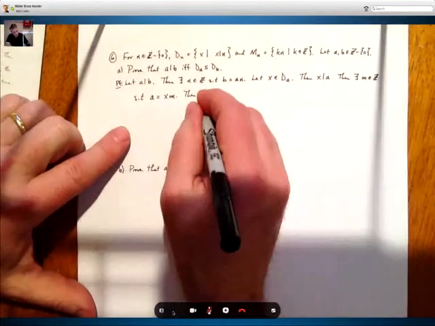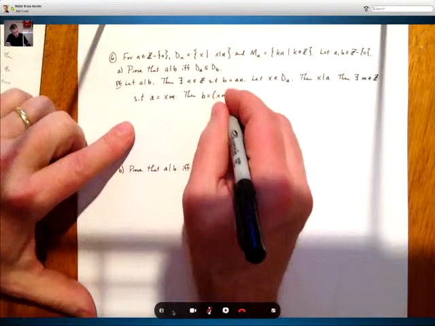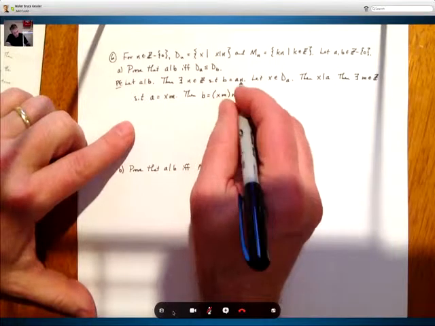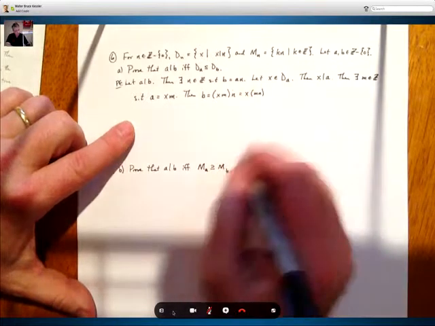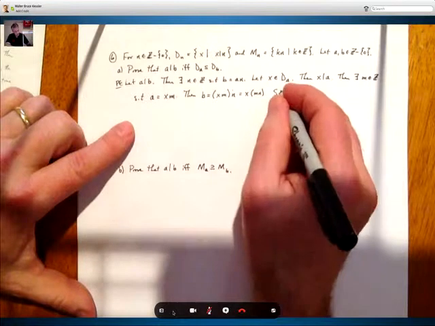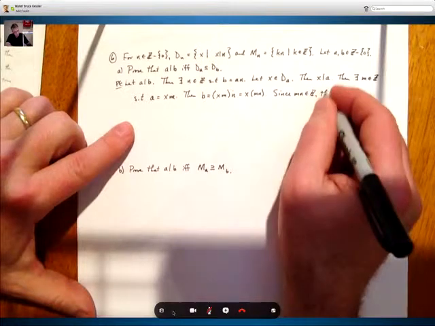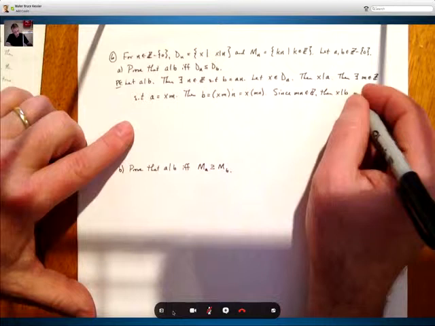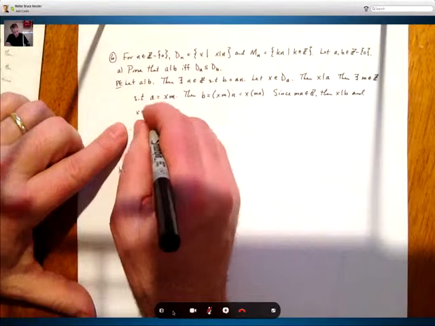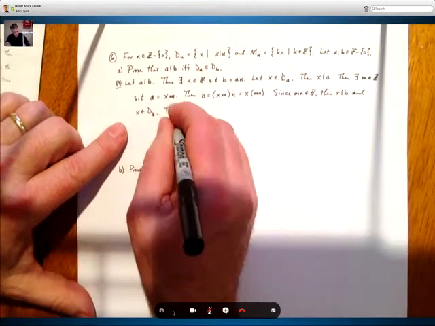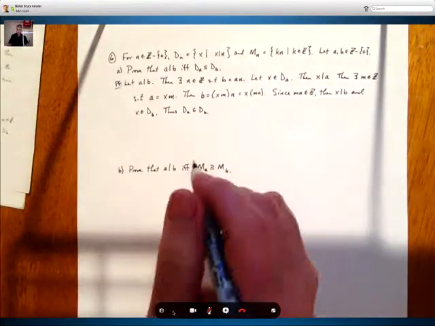So I think I go straight into this formula right here. Then B is equal to, and A is xm, and then I've got an n right there. I can certainly group those together. And then since mn is an integer, then x divides b, and that means that x is an element of D sub B. Thus D sub A is a subset of D sub B.